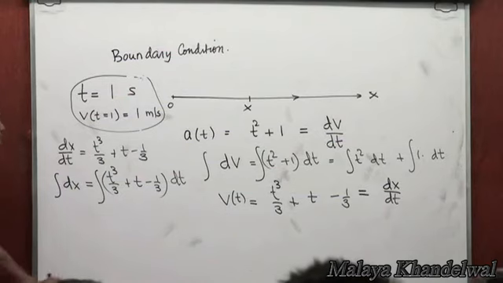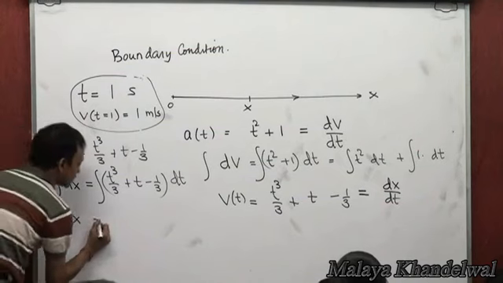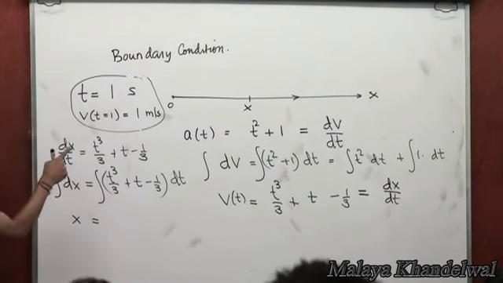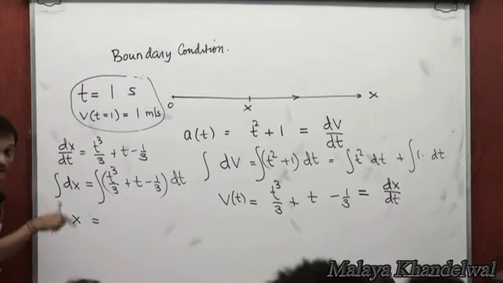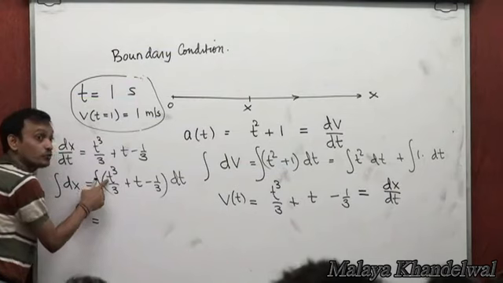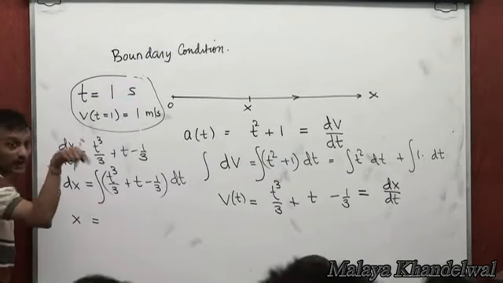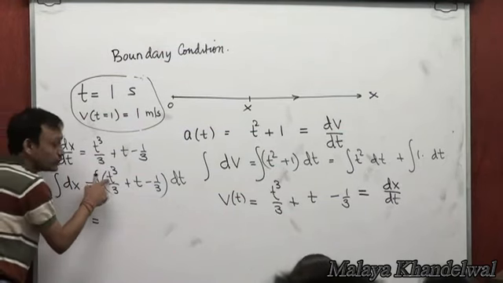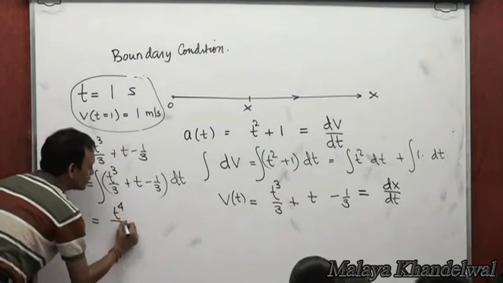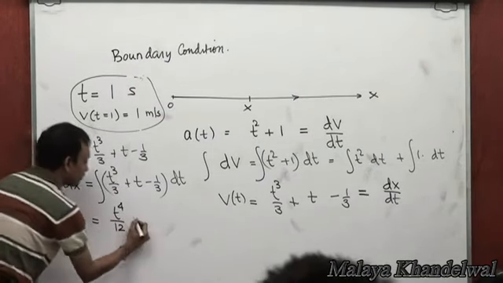Integral dx would be x. Integral t cube would be t to the power 4 by 4. Don't differentiate, integrate. Integral t cube would be t to the power 4 by 4, right? Integral t to the power n dt is t to the power n plus 1 by n plus 1, right? T to the power 4 by 4. So this is t to the power 4 by 12. 4 into 3, 12, right?